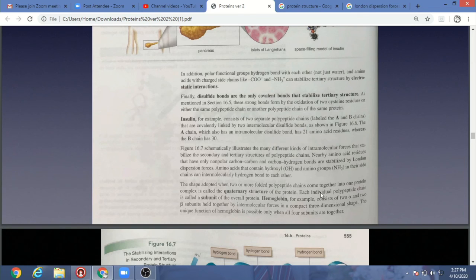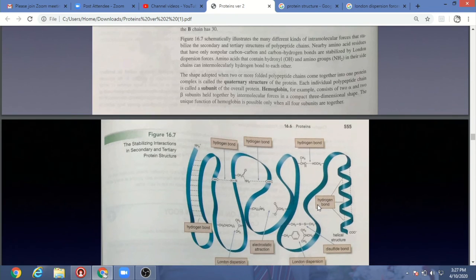In that case, each individual polypeptide chain would be like a subunit of the overall protein. A perfect example of that is hemoglobin. Hemoglobin consists of 2 alpha and 2 beta subunits held together by intramolecular forces in a compact three-dimensional shape. The unique function of hemoglobin is possible only when all 4 of those subunits are held together.